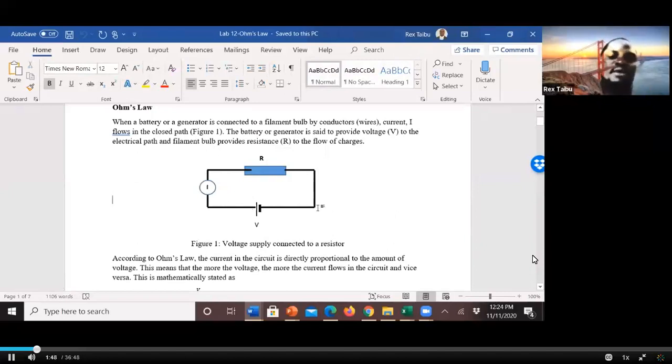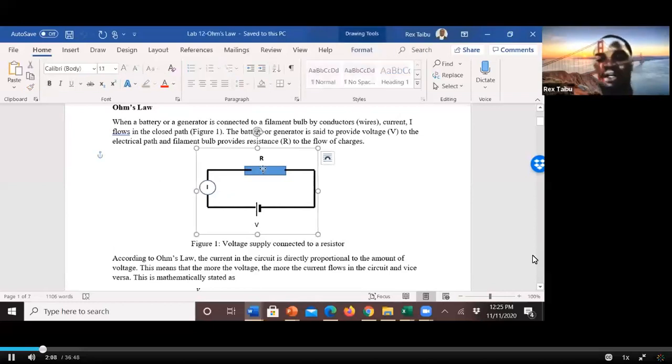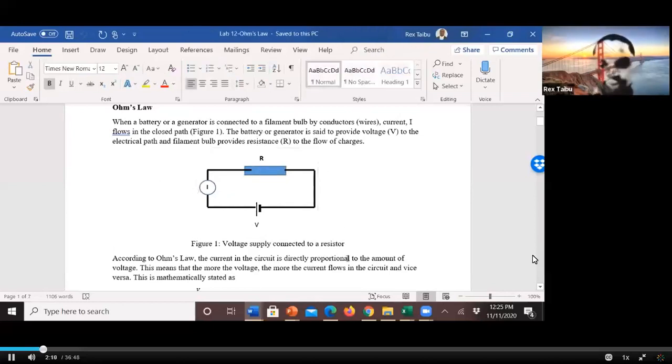You can do this at home. If you have a battery, 1.5 volts, a small wire, and a small bulb, you can make your own simple circuit, and you see that charges will be able to flow, and you can see that using a bulb. So let me show you using a simulation.